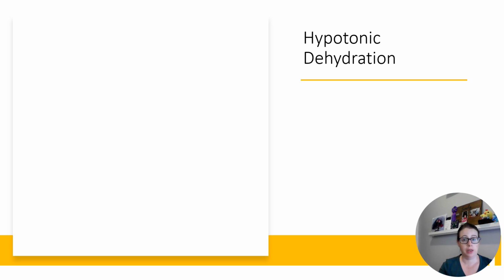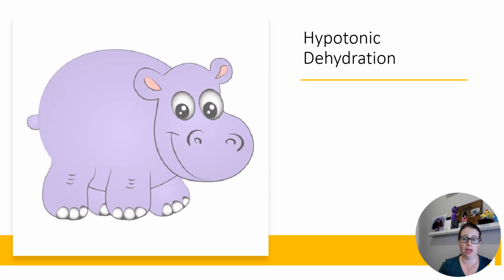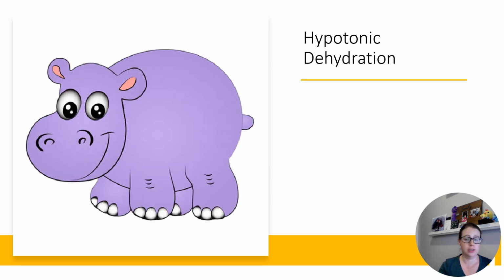Now in hypotonic or hyponatremic dehydration, the electrolyte deficits exceed the water deficit, okay? So your intracellular fluid is more concentrated than your extracellular fluid, so water follows the solutes into the ICF to establish that equilibrium. As a result, that cell swells up like a hippo. Hippo, hypo, okay?